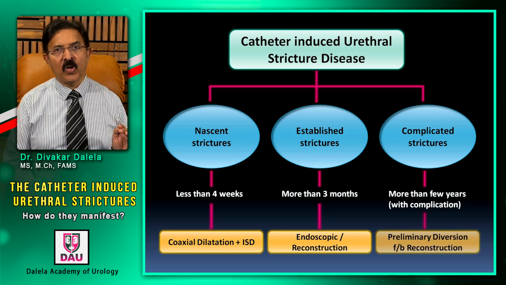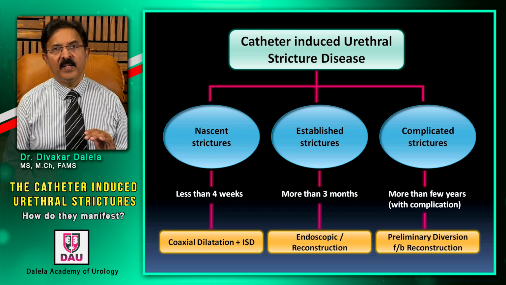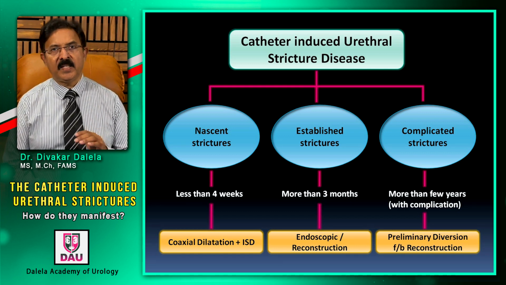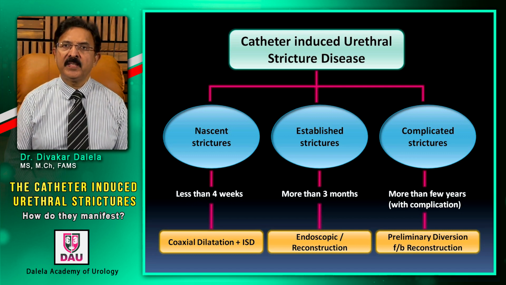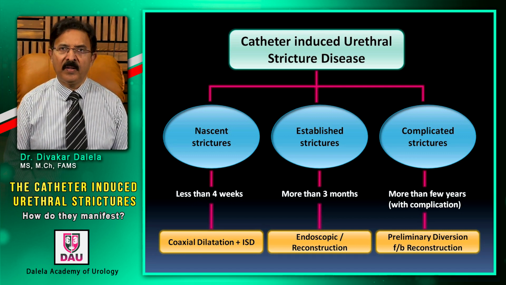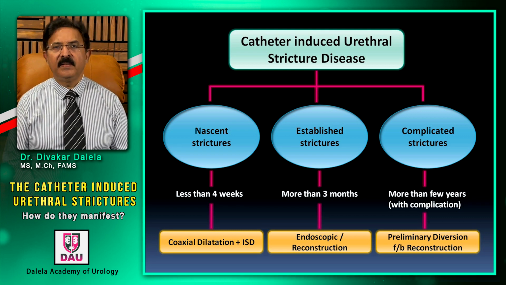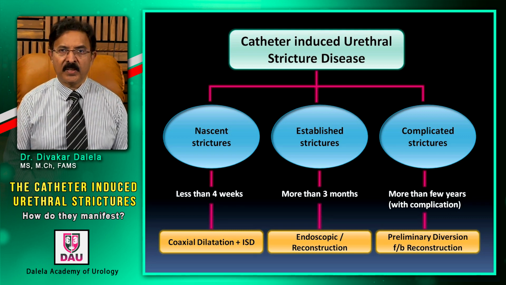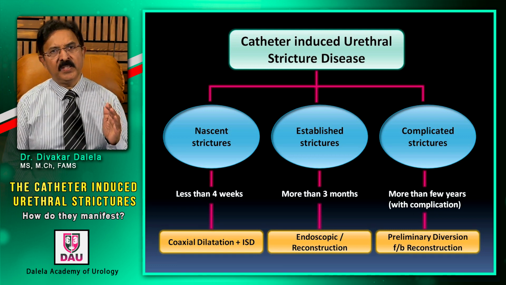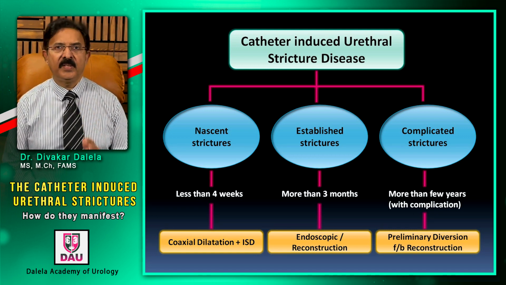Or if you are handling a complicated stricture, you will require urinary diversion for a while by suprapubic catheterization, and subsequently, once that complication settles, either a trauma or an abscess or a phlegmon or whatever, then you do the reconstruction. So the management of the patient will depend upon the duration of disease.